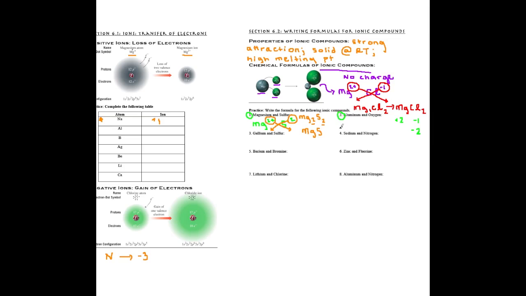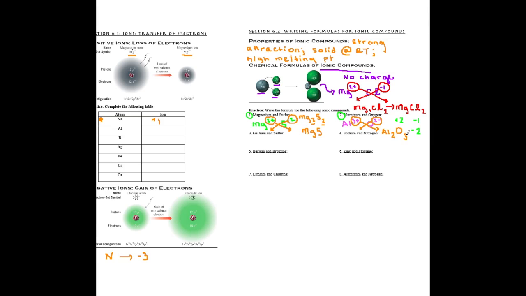For aluminum and oxygen, aluminum has 3 valence electrons, so it has a +3 charge. Oxygen has a 2- charge because it has 6 valence electrons, so it's going to gain 2. The 3 becomes the subscript for oxygen. The 2 becomes the subscript for aluminum, and your formula becomes Al2O3. Remember, the minus doesn't come with it.